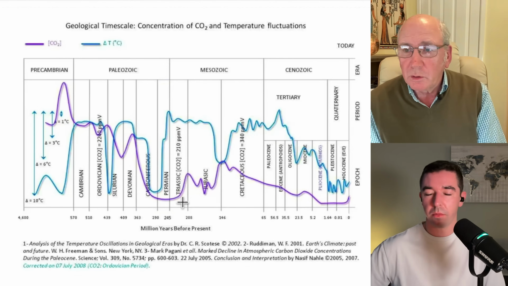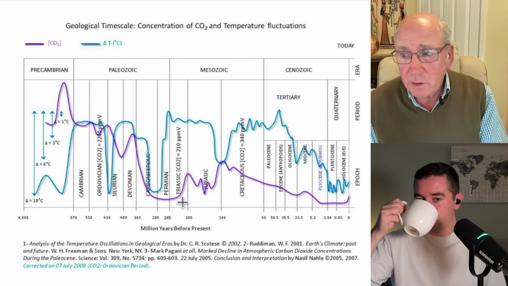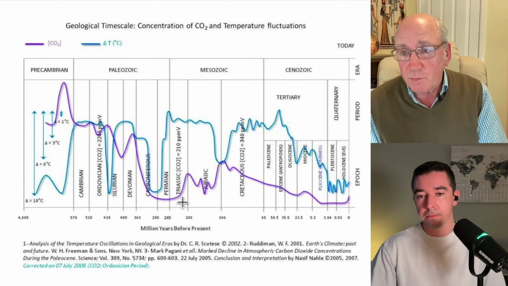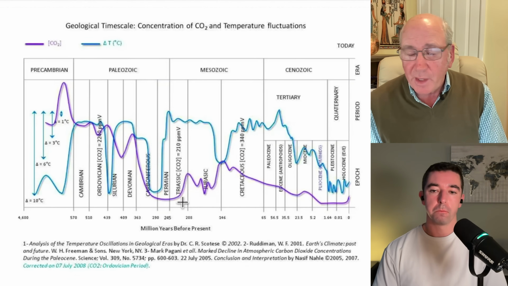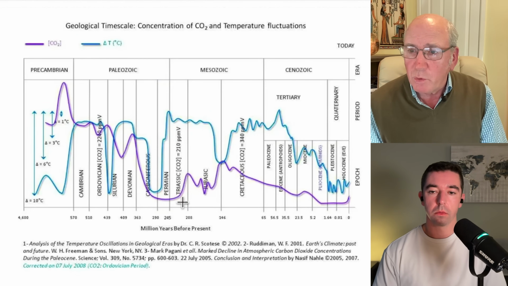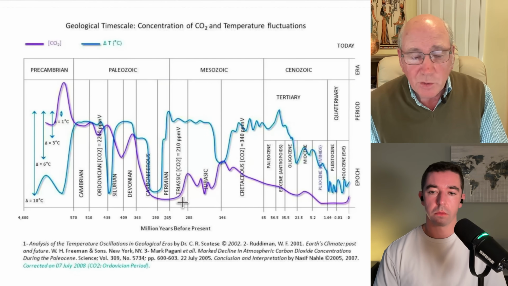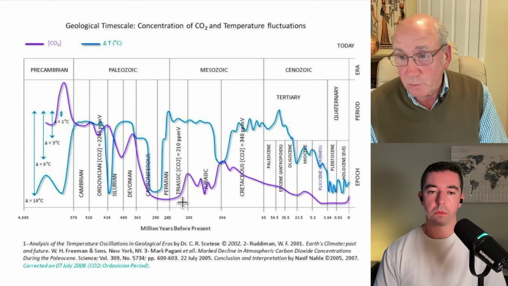Plants will draw in CO2, and animals will draw in CO2 as well, especially sea animals. And they will die, and they will go to the bottom of the sea, and they will create limestone. That's locking away CO2. Plants will die. They will go to the bottom of the sea, or they will go into marshlands or whatever, and they will cause fossil fuels, coal and oil and gas and so on.